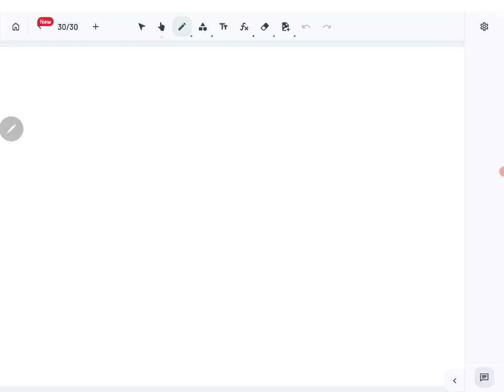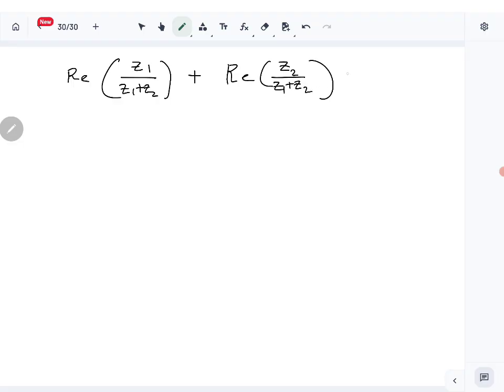So real Z1 over Z1 plus Z2 plus real Z2 over Z1 plus Z2 is equal to 1. No, better to write it like this, then it is easy to see. This side 1 equals this, then use that result.